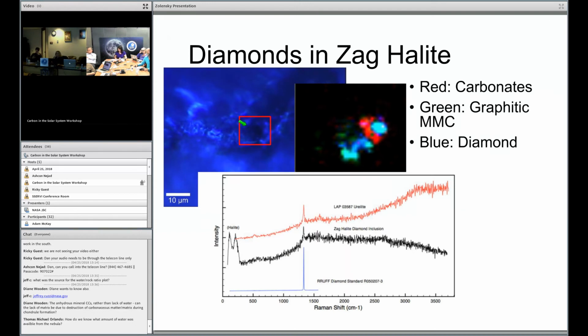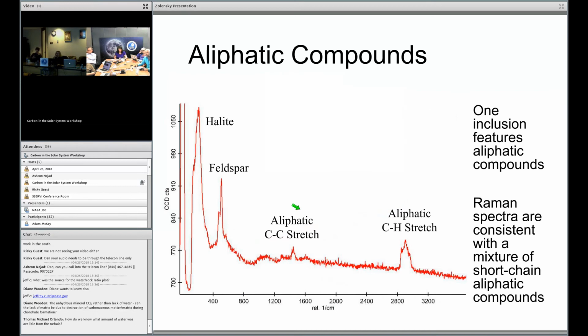This is a diamond grain mixed with graphitic macromolecular carbon and also carbonates. That was shown by this Raman spectrum here. Here's the spectrum of the grain in the halite, and here's a spectrum of a diamond crystal in ureilite, a pretty characteristic Raman spectrum. So this is a pretty unusual mixture of minerals in the halite.